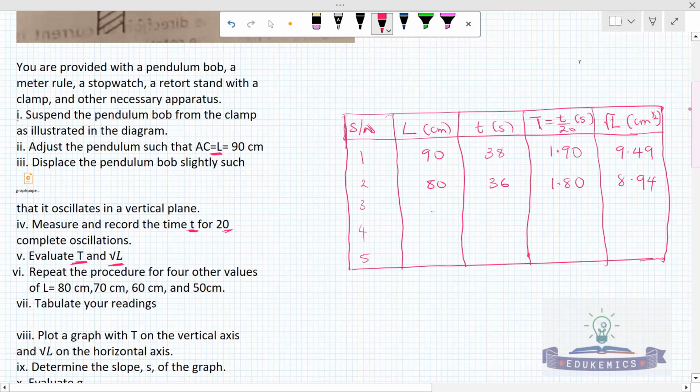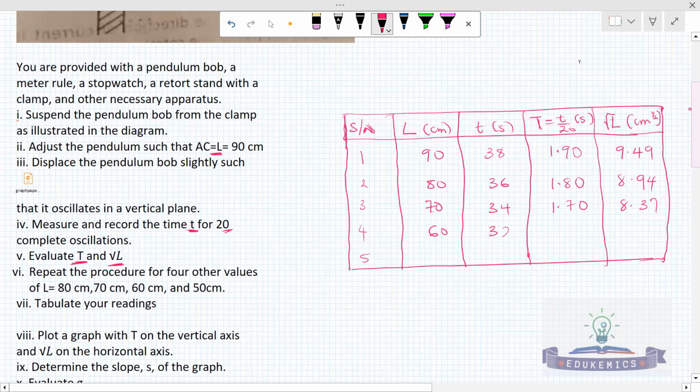Align them. Then move to 70. Record the time taken for 20 oscillations. Let's say it's 34. So let's get the period divided by 20: 1.70. Make sure it's aligned. And then the square root of L. Then here it's moved to 60.